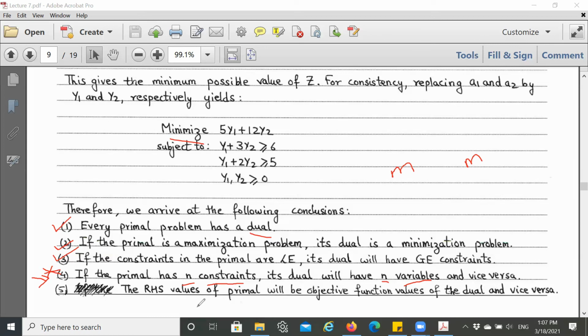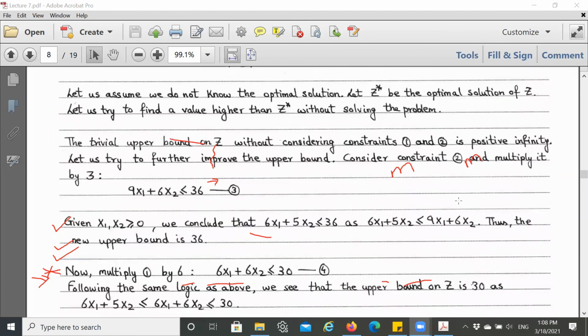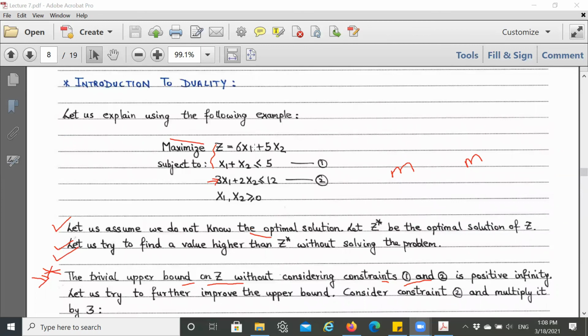For example, here we have 3 constraints and 3 variables. We do not have 3; we call this a default constraint. So we basically have 2. Since you brought this up, let's go back and see the number of constraints. Over here in my primal, we have 2 variables, x1 and x2, and I have 2 constraints, 1 and 2.